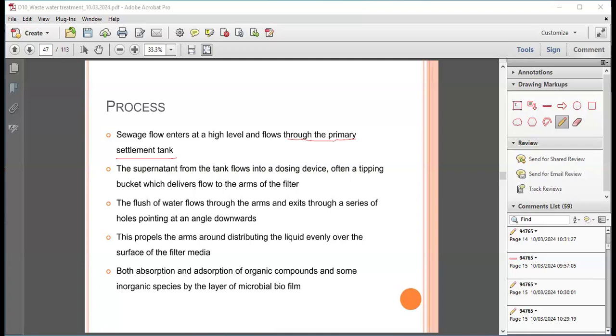Adsorption and absorption are different. Avasosanaya means sucking, which is another word in English. So avasosanaya and this are the same word: absorption.